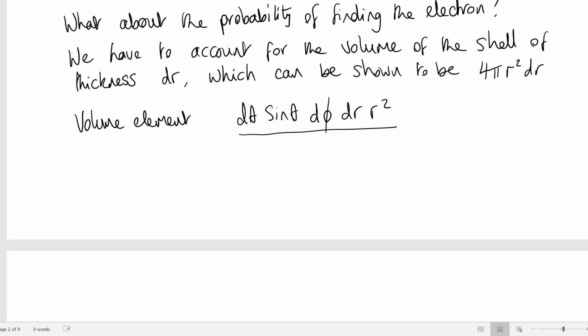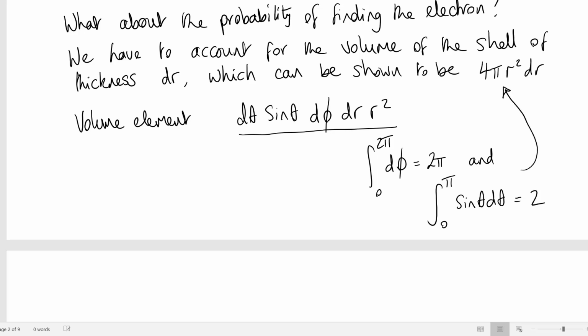Of course, if we separate out the angular component, the integral d phi from 0 to 2 pi, that's the angle around the equator, is equal to 2 pi. And also, if we just consider the north to south angle, this ends up being equal to 2. Of course, the integral is minus cosine theta, so that provides us a 2 in there. So we multiply those two together, and we end up getting this 4 pi part in there.